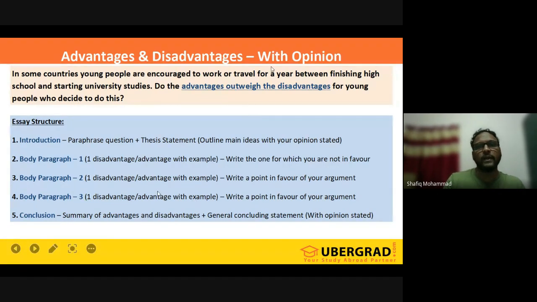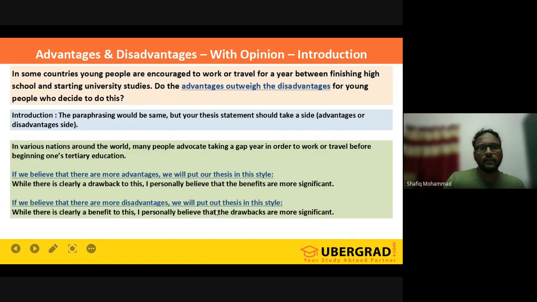Okay, with opinion. And conclusion and summary, obviously you're going to give advantage, disadvantage, and a general concluding statement according to you again. So let's see how this introduction goes. In various nations around the world, many people advocate taking a gap year, and so on, the same thing.